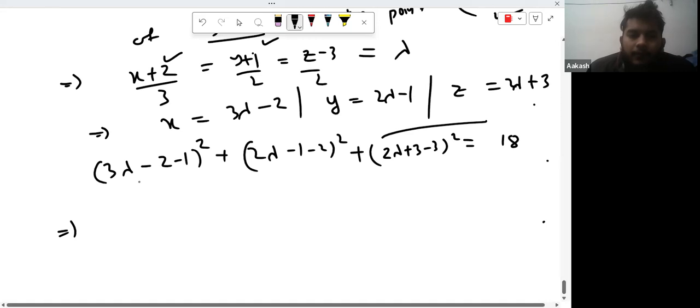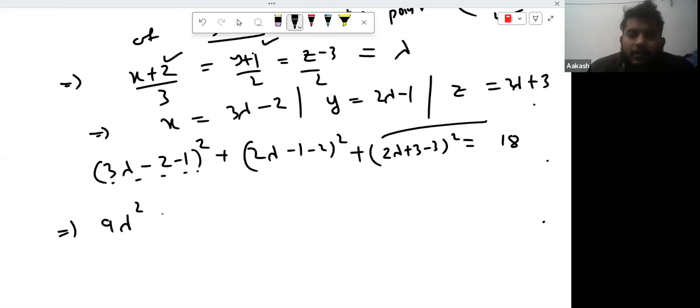So if we open this, we'll have a 9 lambda square here. And from here, we'll have a 4 lambda square. And from here, we'll have a 4 lambda square. And plus here, minus 3 square is 9. And this is 0 square, so nothing.